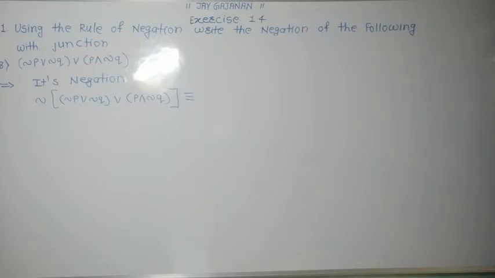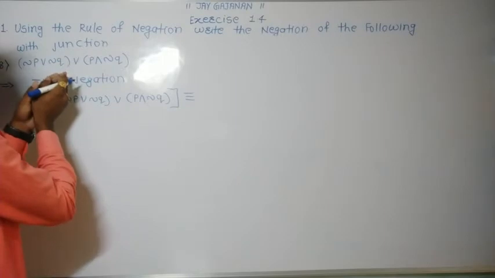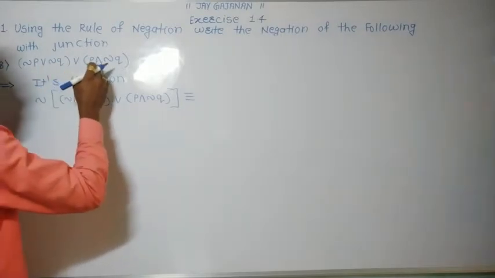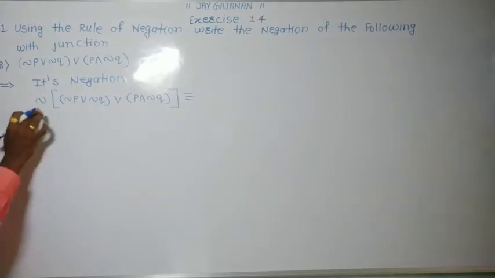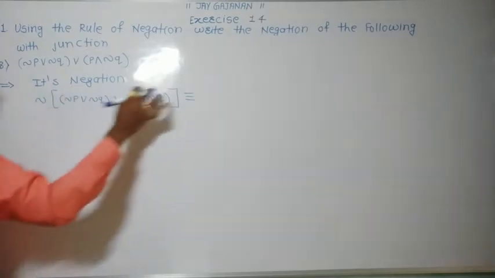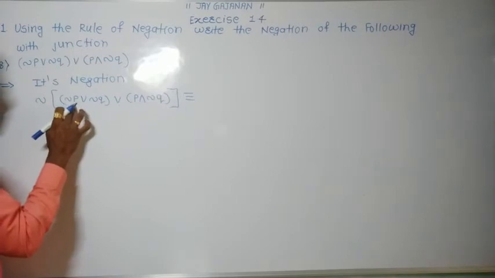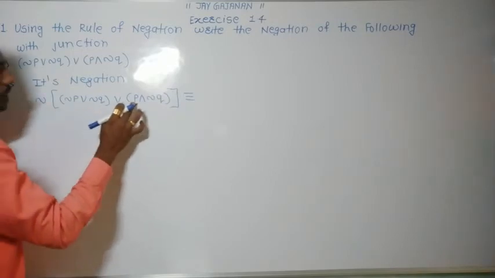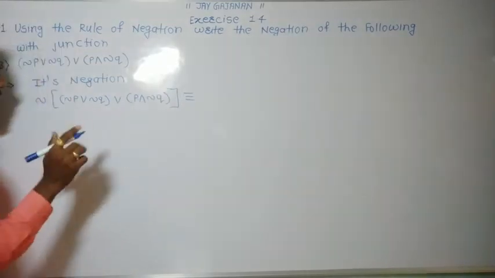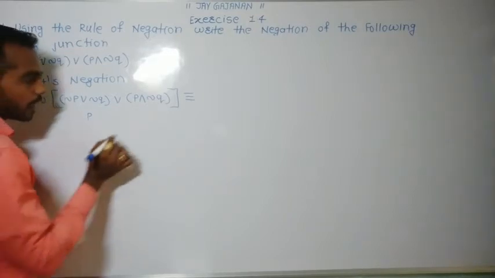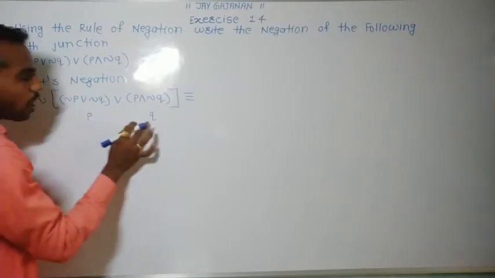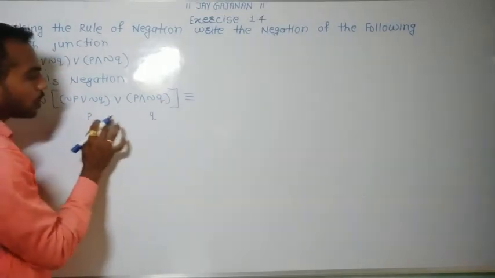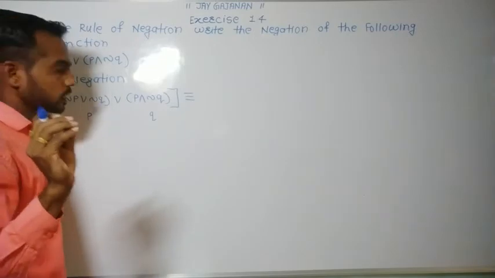Now example number 8 is negation P or negation Q in the first bracket, or negation P and negation Q in the second bracket. To find its negation, we apply negation to the first bracket, negation P or negation Q, or P and negation Q. Let us consider the first bracket is P and the second bracket is Q. Now you can see negation of P or Q, and we can solve it easily.